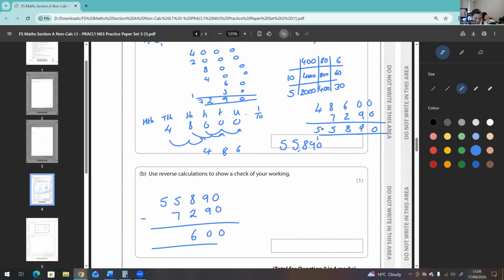Can't do 5 take 7, so borrow. 15 take 7 is 8. 4 take nothing is 4. And we've ended up with 48,600, which is what we started with. So that is correct.